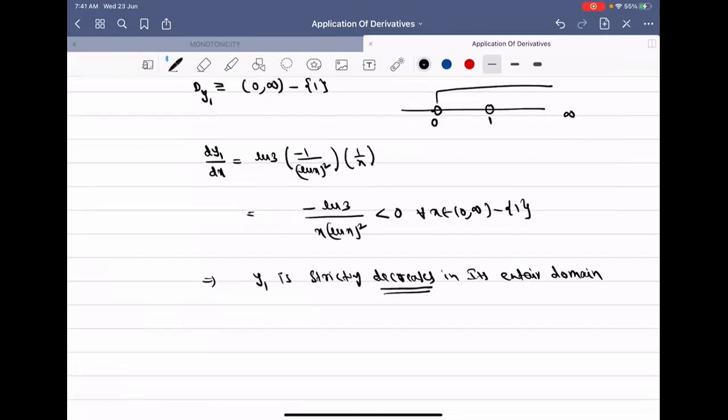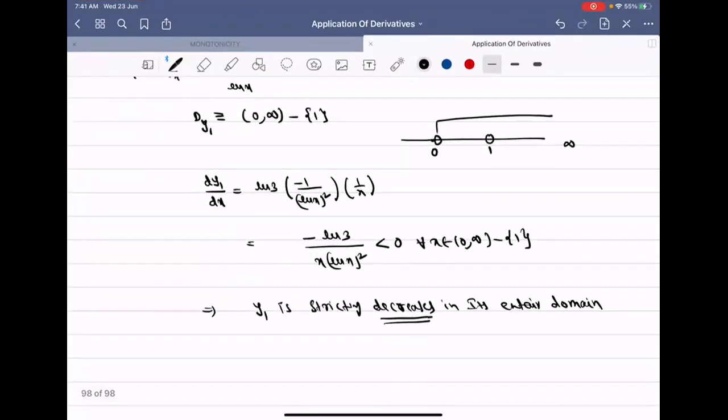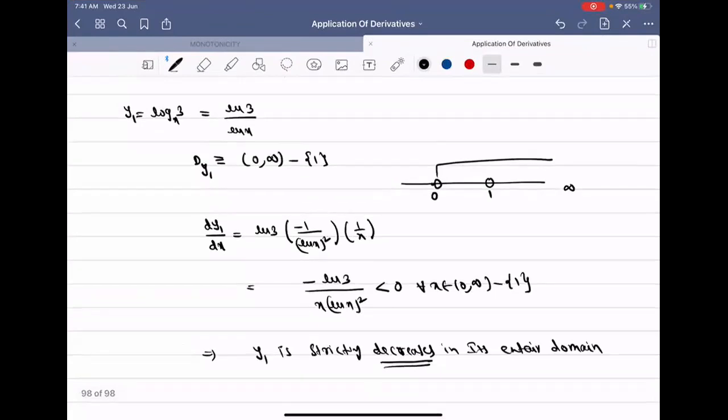Now to draw the graph of ln 3 by ln x in its domain, we will see the nature of the function at 0 and at 1. At 0 the interval is open, therefore we calculate the right limit.